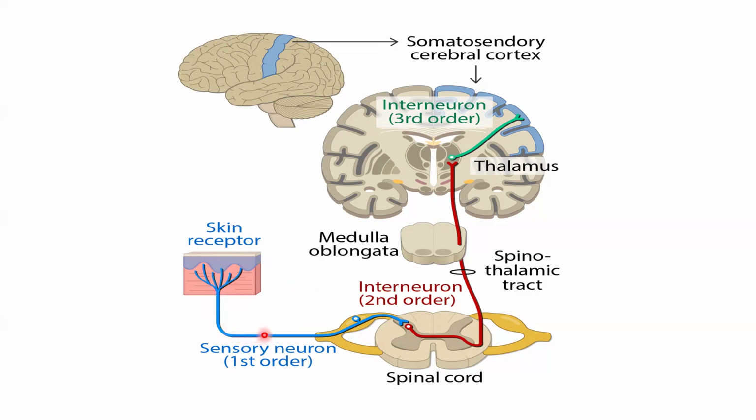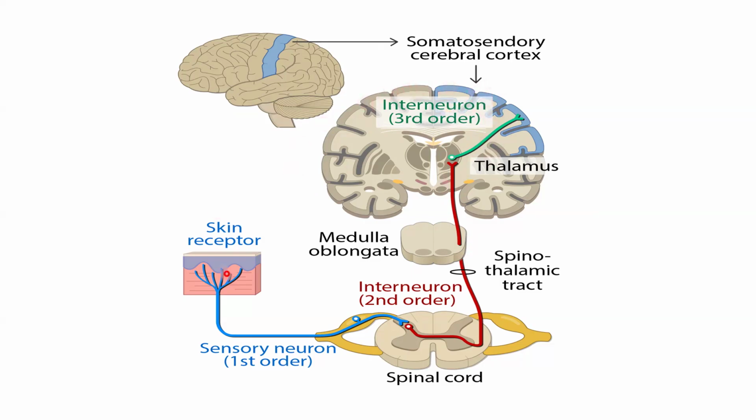Pain goes through the first order neuron, and then it decussates in the spinal cord, then it ascends through the spinothalamic tract. Then the second order neuron ends in the thalamus, and then the third order neuron goes to the somatosensory cerebral cortex.